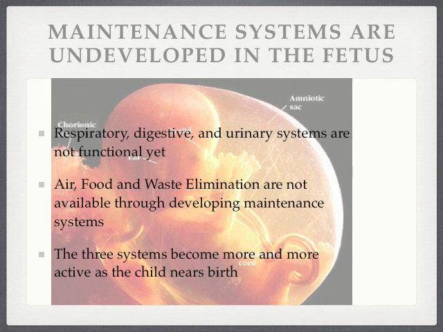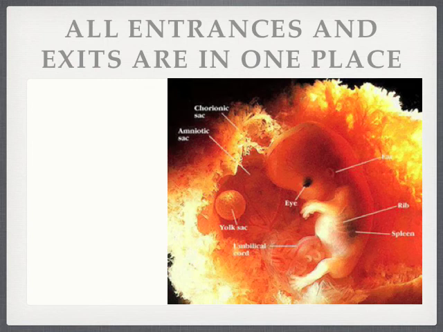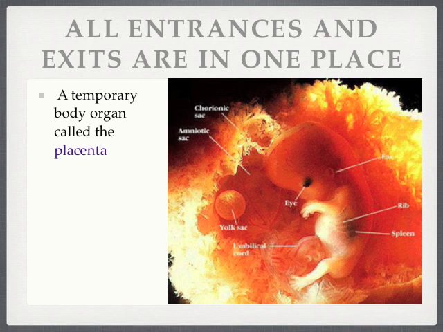So, what does this unborn child have that allows it to get oxygen and nutrients and all the rest? The umbilical cord connected to the placenta. All the entrances and the exits for the unborn child are in one place, in a temporary organ called the placenta.